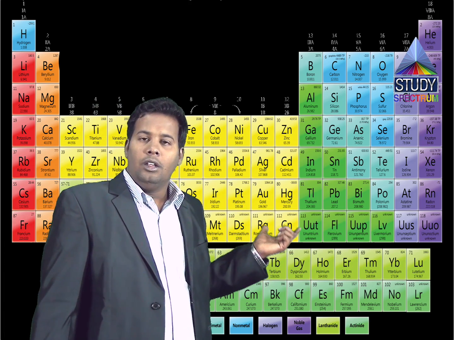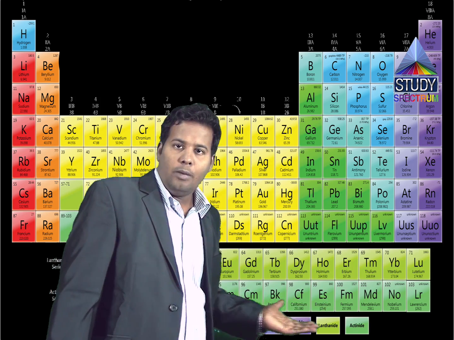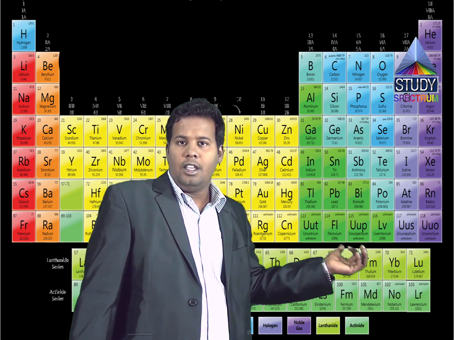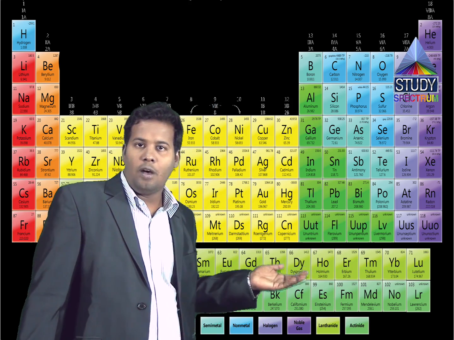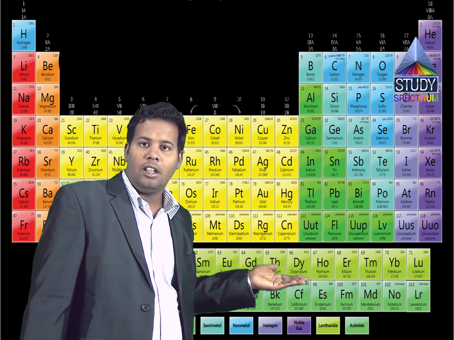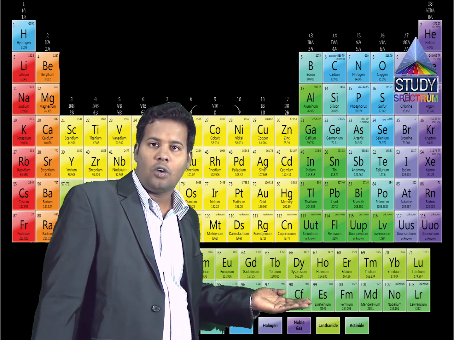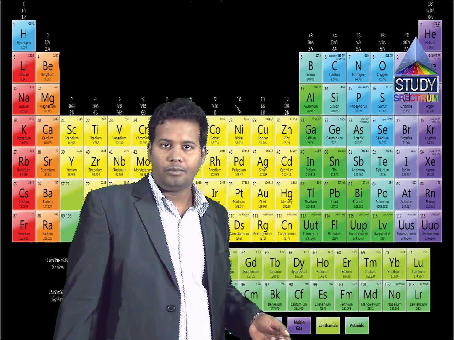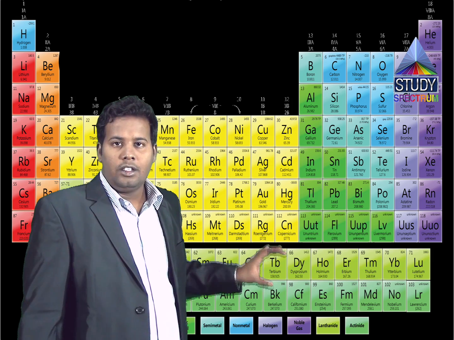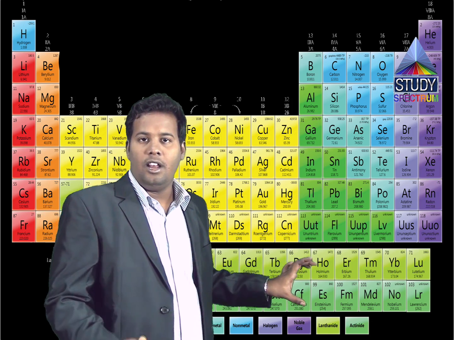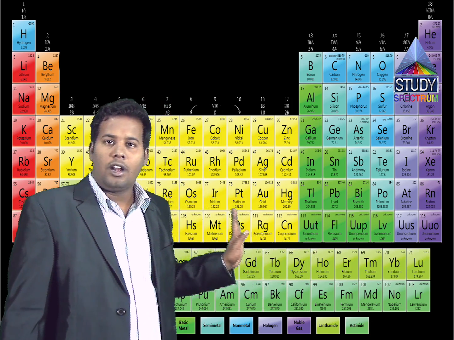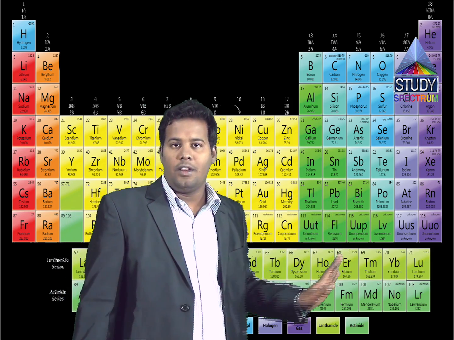Now the block below S, D and P, which is the F block, contains 2 different periods. The above period is called the lanthanide series and the below one is called the actinide series. Now this F block is called inner transition elements. Now we'll try to understand why these names are given.